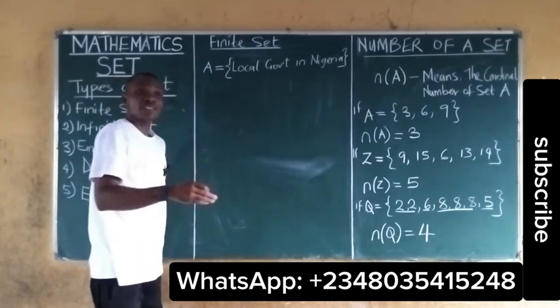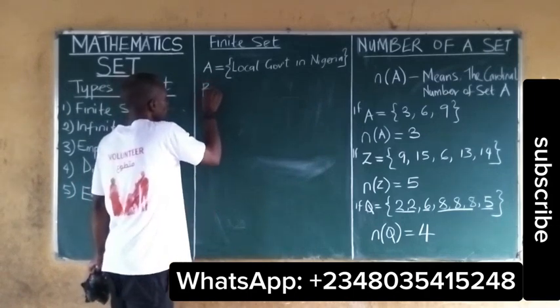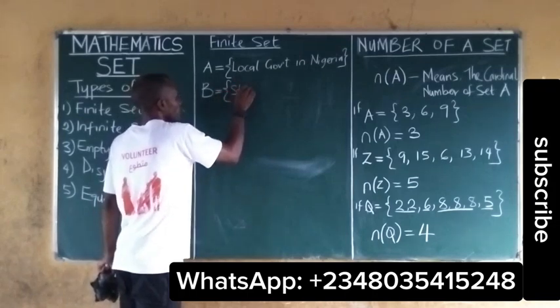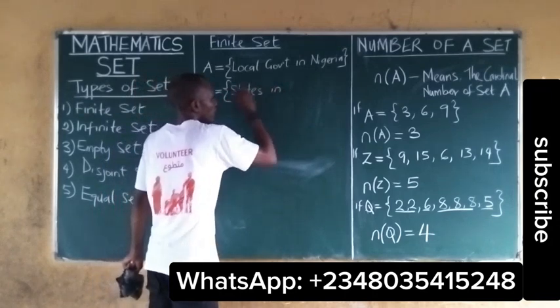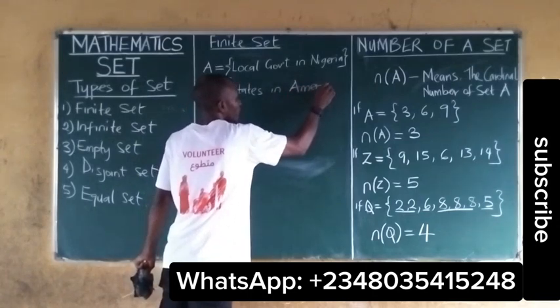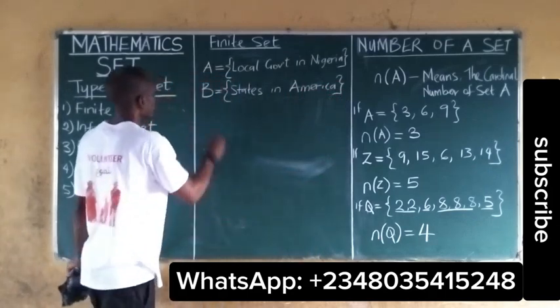Local governments in Nigeria can be counted. B, we can say states in America. States in America can also be counted.